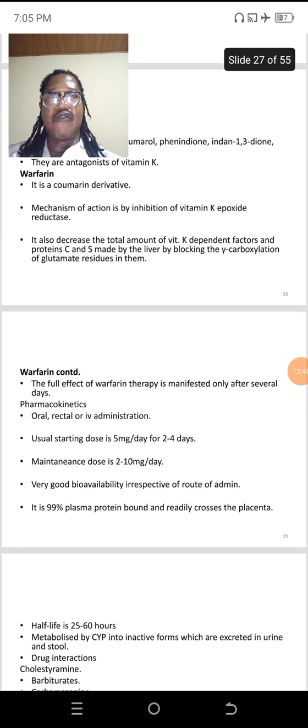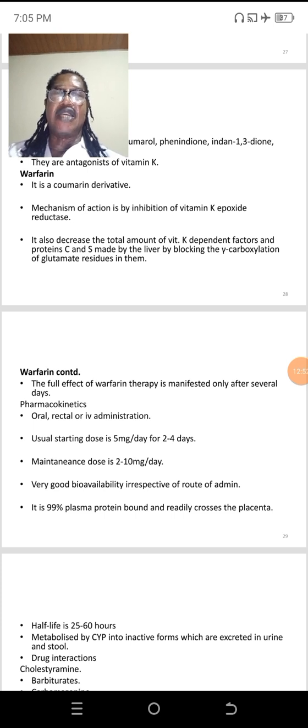Full effect of warfarin therapy is manifested only after several days. This is because its effect does not extend to the already formed coagulation factors.